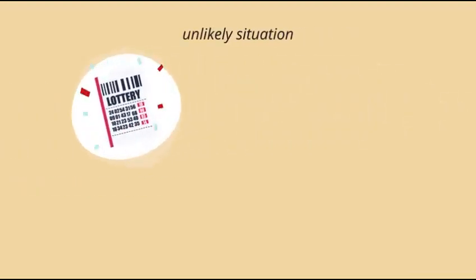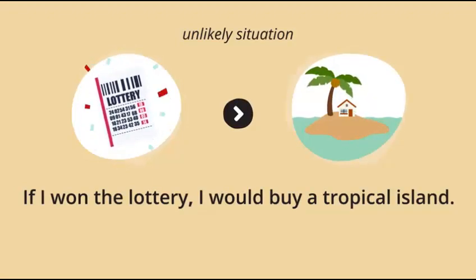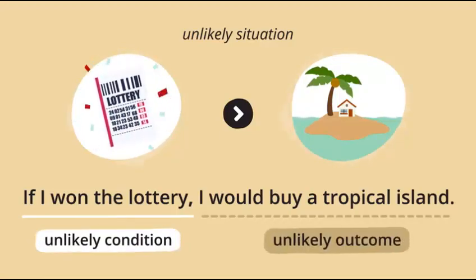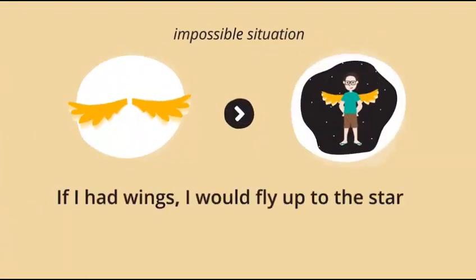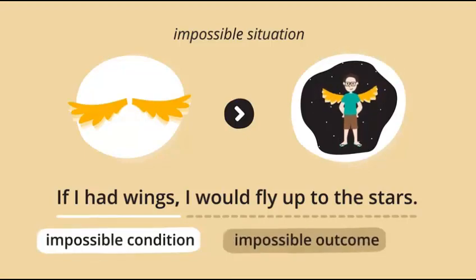An example of an unlikely situation is, if I won the lottery, I would buy a tropical island. Winning the lottery is a very unlikely condition, so the outcome of buying a tropical island would probably never happen. An example of an impossible situation is, if I had wings, I would fly up to the stars. Since people don't have wings, this condition is impossible, so the outcome of flying to the stars wouldn't happen.